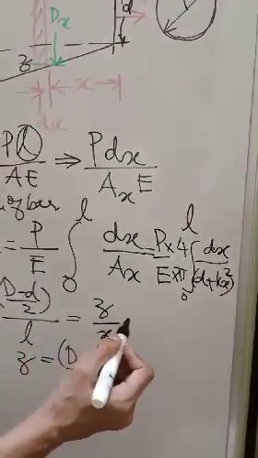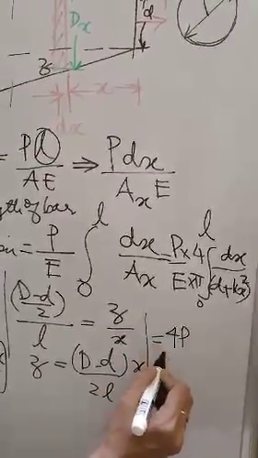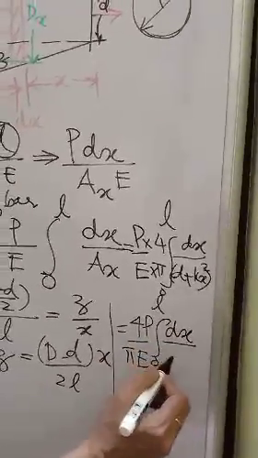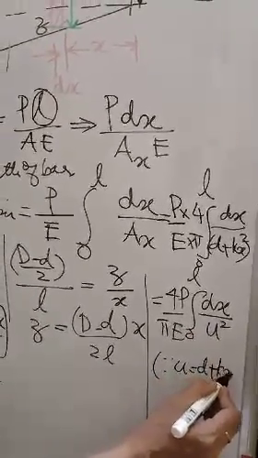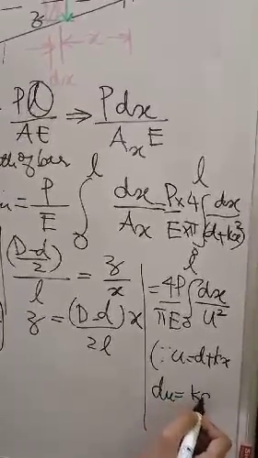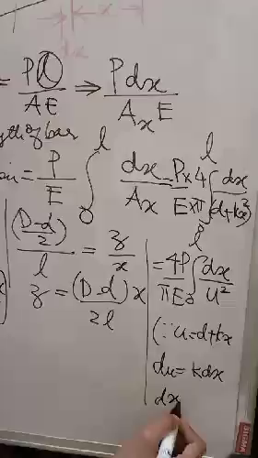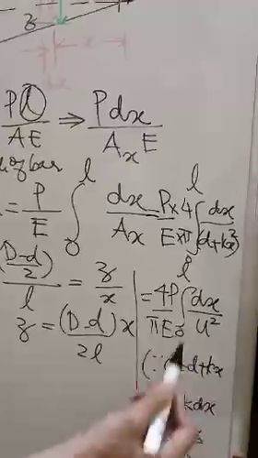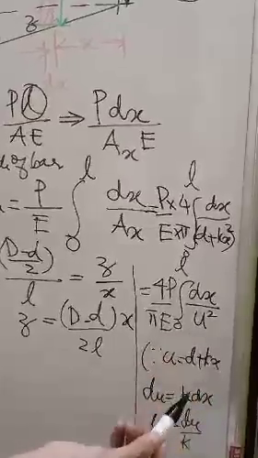This you can solve by integration by substitution, as 4P by pi E into integral 0 to L. By substitution we assume u is equal to d plus Kx, so du is equal to K dx, or dx is equal to du by K. Substituting dx as du by K and using u square, you can integrate this as u raised to minus 2 plus 1 divided by minus 2 plus 1.